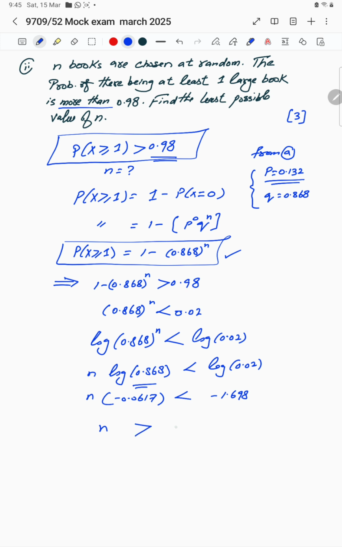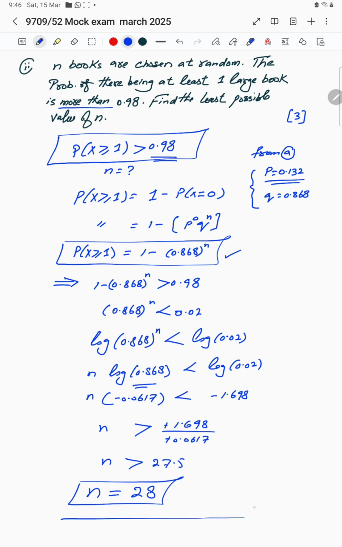When you divide, the inequality turns to greater, and minus goes with minus. So the calculator will give us the value, it will be 27.5. So n is a number greater than this, which will be 28. So n is 28 is the right answer.